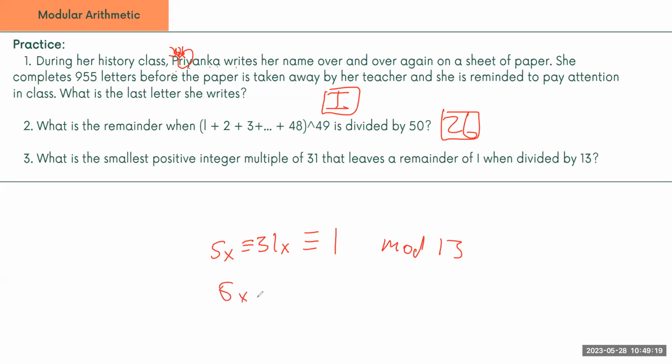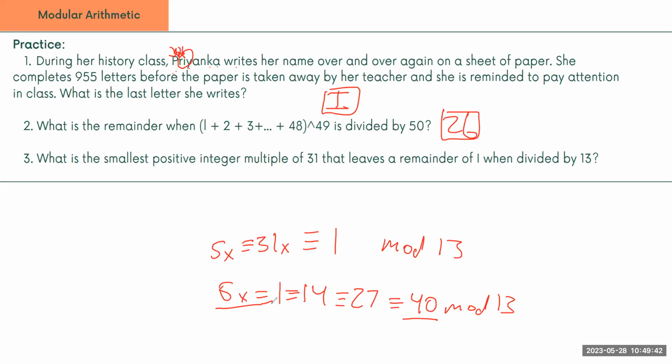So we have 5x congruent to 1 mod 13, which is congruent to 14 mod 13, plus 13 again, we have 27 mod 13. Plus 13 again, we have 40 mod 13. So actually we can stop here because we know 40 is a multiple of 5.